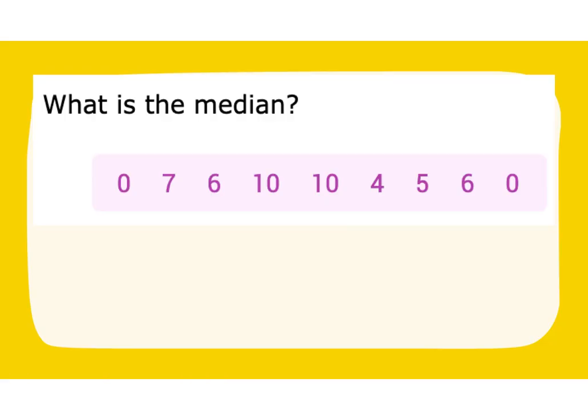Jumping right into our first example, this question's asking us, what is the median? So from the previous slide, we remember that median is the middle one. So we're going to have to line all of our data up in numerical order, so smallest to biggest. We've got 2 zeros, then a 4, then a 5, 2 6s, 7, 10, and another 10.